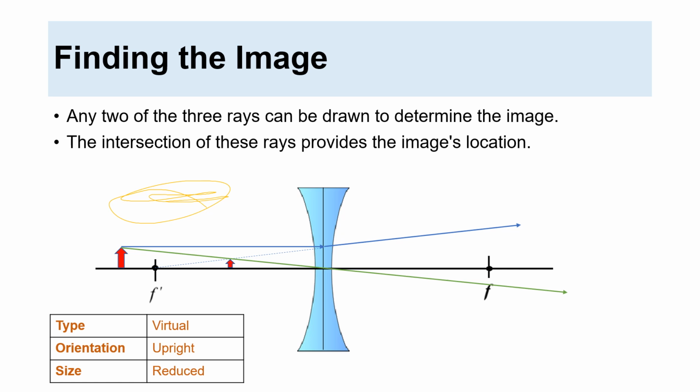But if the image is formed on the other side, on this side, we have a real image. So I repeat, if the object and the image are located on the same side, the image will be virtual. But if the image is formed on the other side, the side opposite to the object, the image is real.